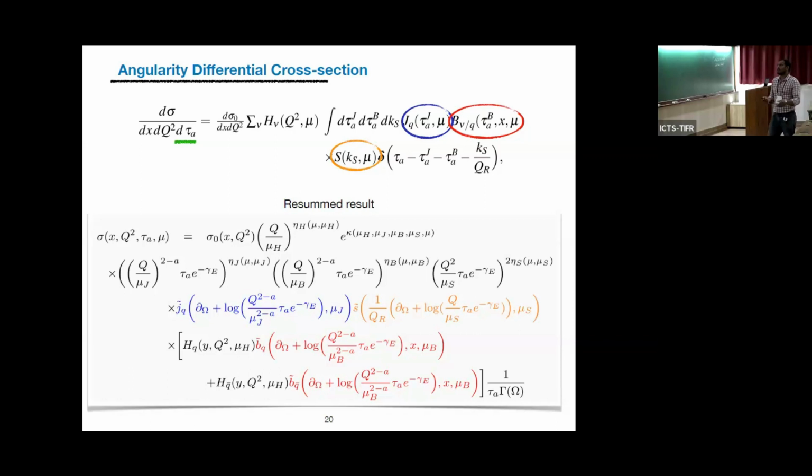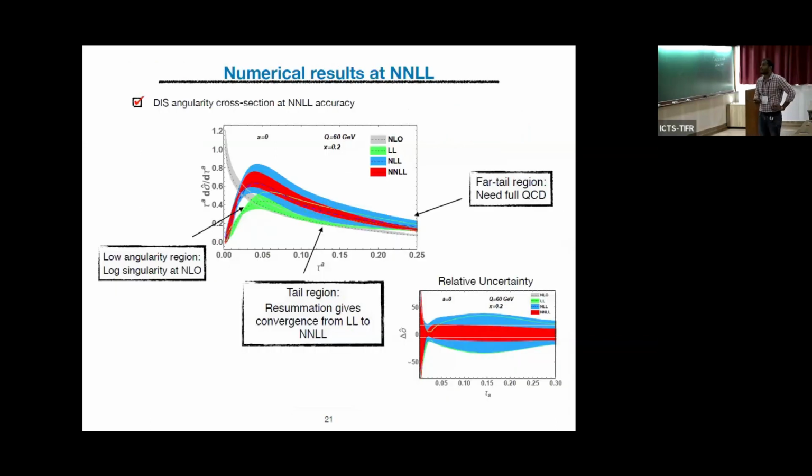Now we use this expression to perform the numerical study, and we come up with the numerical result for the cross section up to next-to-next-to-leading log. Here is the result. This is the tau axis, and this is the differential cross section multiplied by tau. As usual, our NLO result shows divergence in the low tau region, and the resummation gives us convergence.